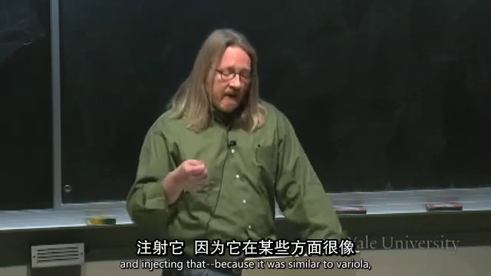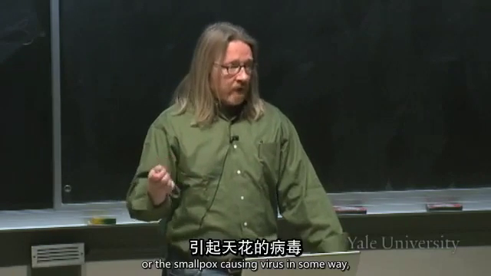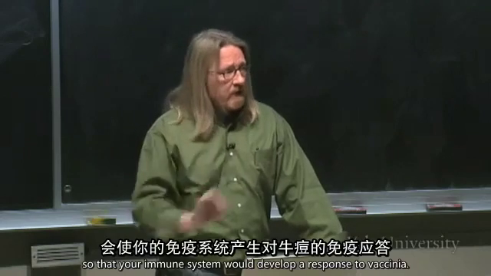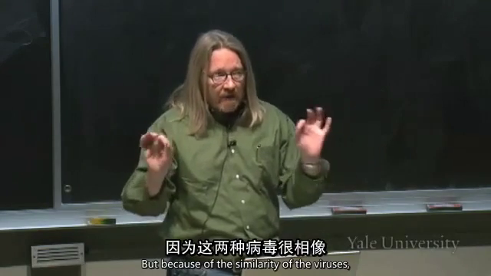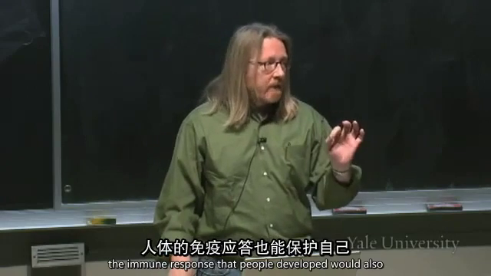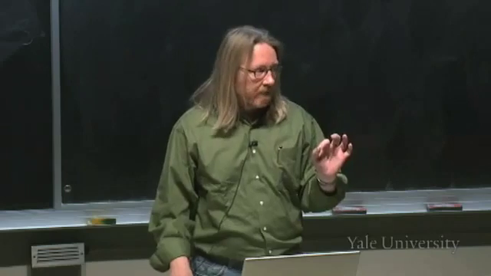And injecting that because it was similar to variola, or the smallpox-causing virus in some way, so that your immune system would develop a response to vaccinia, but because of the similarity of the viruses, the immune response that people developed would also protect them against natural infections with variola.